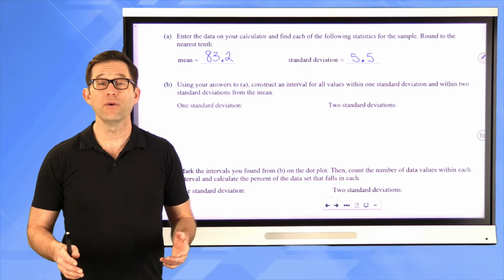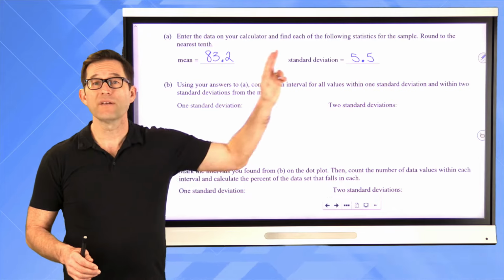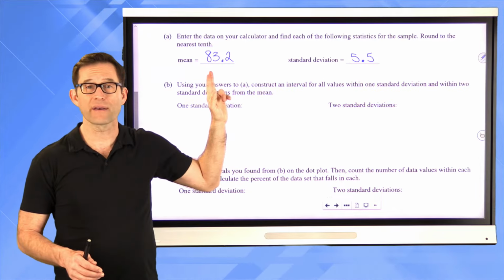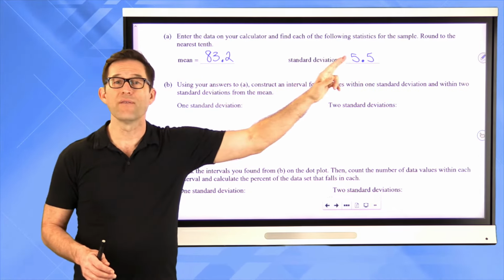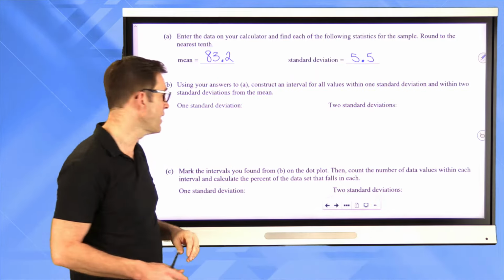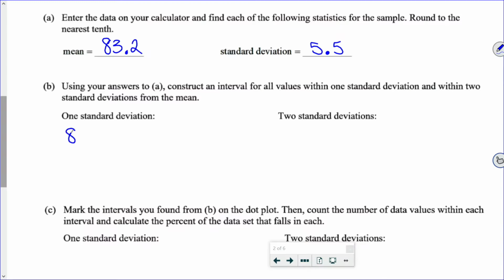All right, now to do this, it's very simple. I want to take the standard deviation and subtract it from the mean, and take the standard deviation and add it to the mean. So we're going to do 83.2 minus 5.5 and 83.2 plus 5.5.